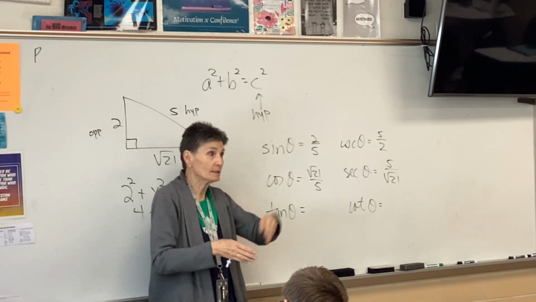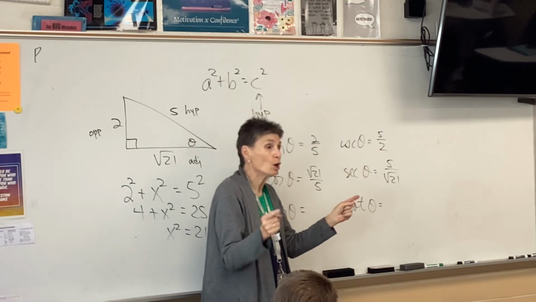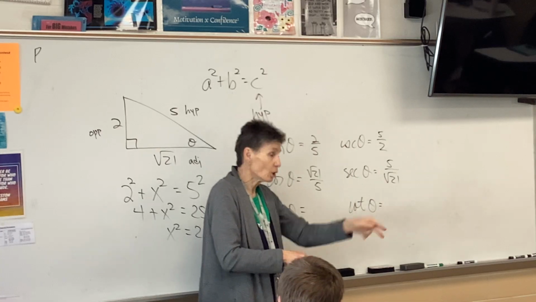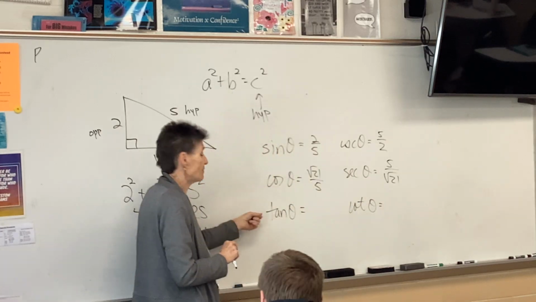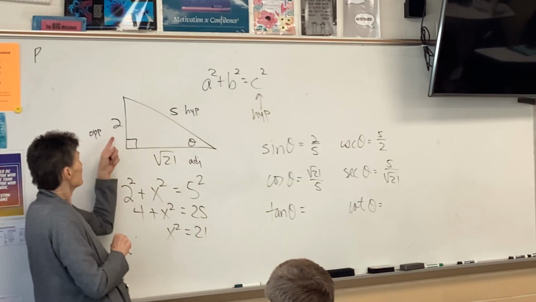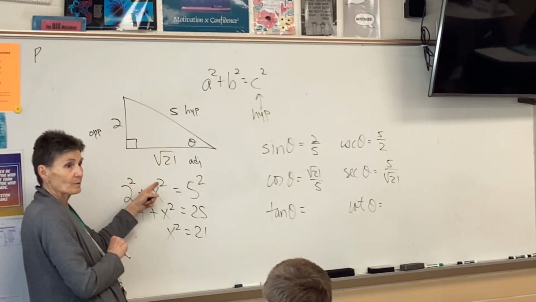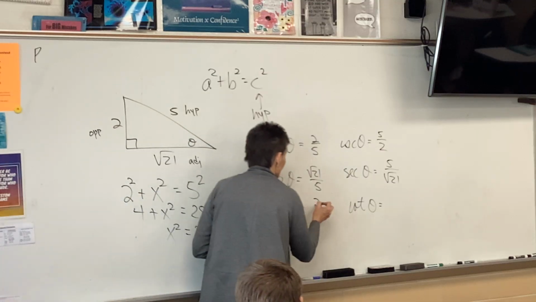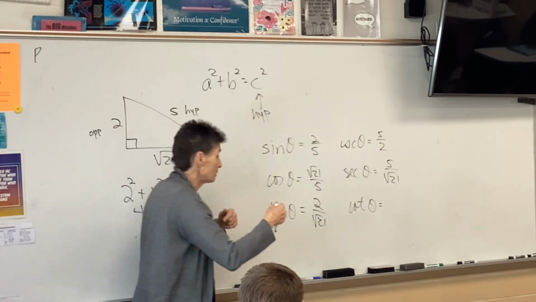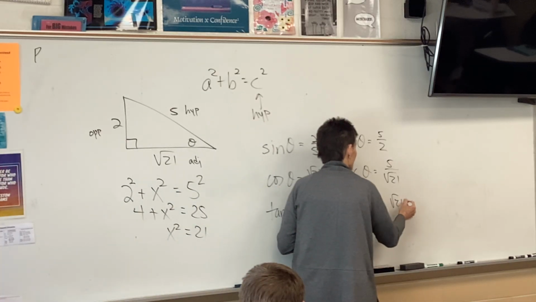Cosine, reciprocal is secant. The co's don't go together. Sine, cosecant, cosine, secant, okay? And then of course tan and cotan. Tangent is opposite over adjacent, so 2 over root 21. And then cotangent would be root 21 over 2.